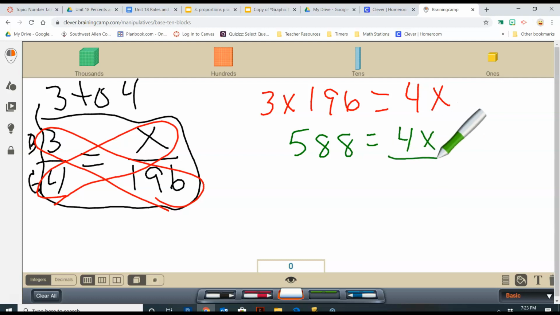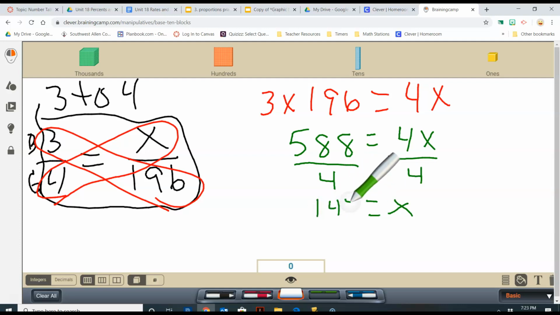Then I'm going to divide both sides by 4. And then x equals 588 divided by 4, which is 147. So in other words, for our new equation, for 147 boys, there are 196 girls.